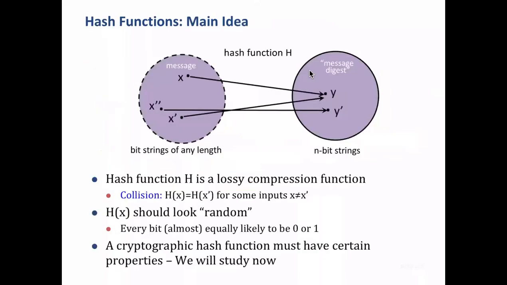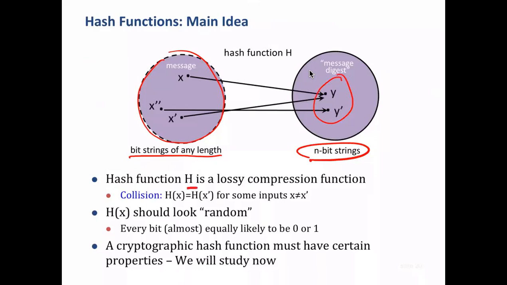All right. So basically, the main idea is that this is a message, a bit string that could be any length, and then we have a mapping function here called a compression function, and it compresses into an n-bit string.